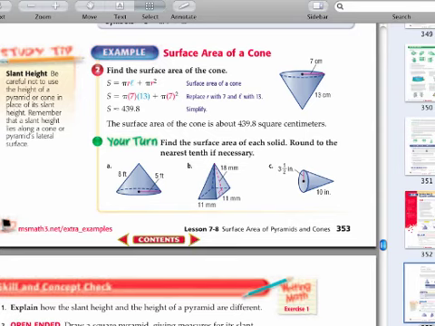All right, so let's find the surface area of this cone. The radius is 7 and the slant height is 13, so I simply plug the numbers in. I plug in pi, 3.14, r is 7, and L is 13. That gives me this part of the cone.